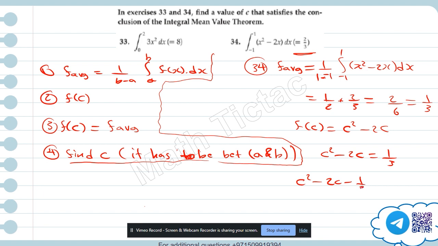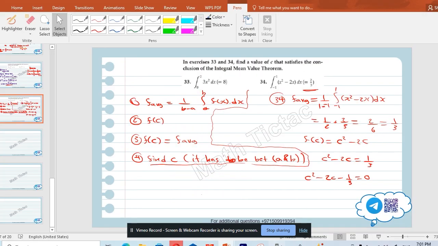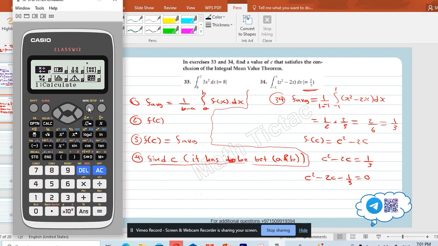Then I'll factorize this. So in here, I'll go to menu, then a. I have polynomial from the second degree. The first one is 1, then minus 2, then minus 1 over 3.